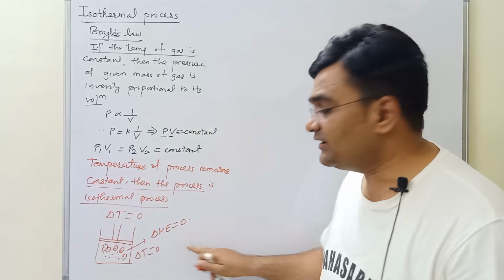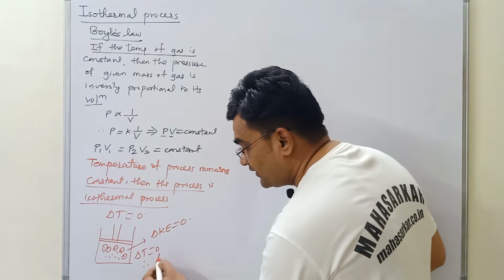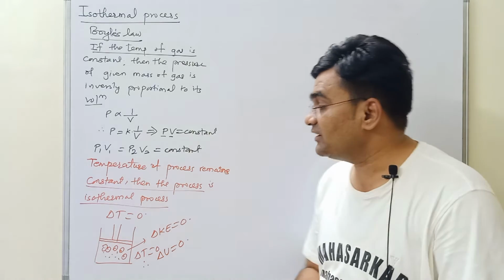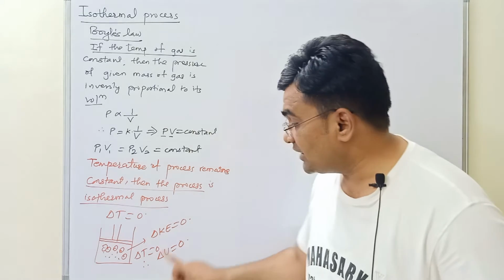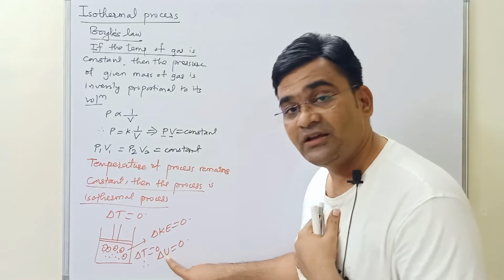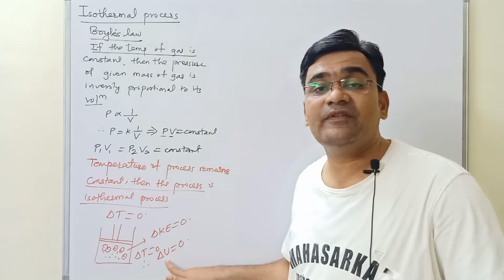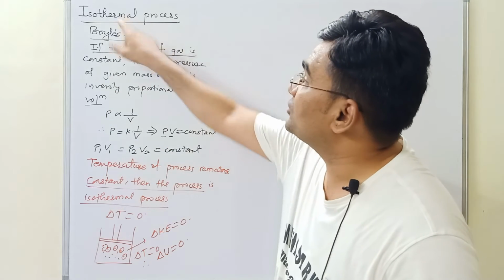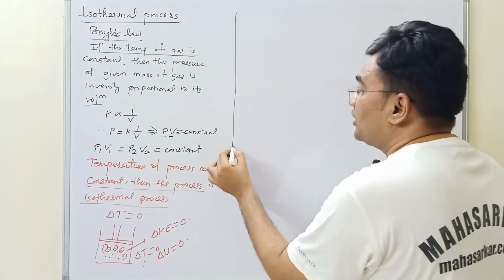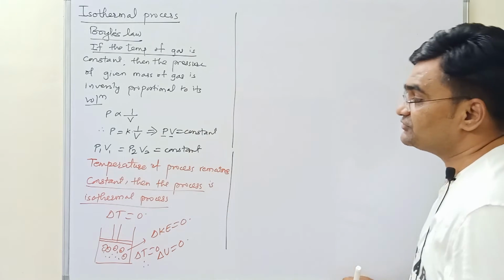When delta kinetic energy is 0, therefore we will say delta U is also 0. So the system in which temperature is constant, so that the change in kinetic energy of the system is zero, correspondingly the internal energy gained by the system is also 0, then that system is called an isothermal process. Let's derive the expression for work done in the isothermal process.